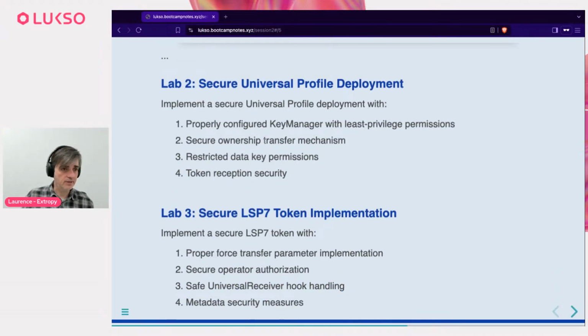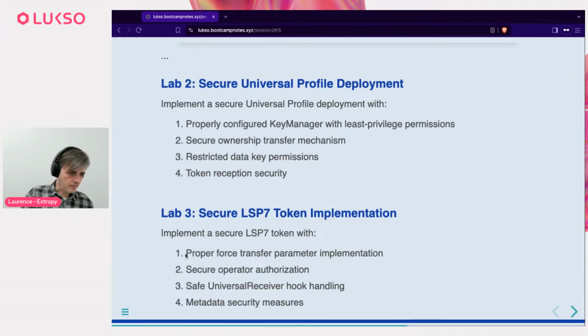So I don't think I need to explain much more about them. These are things we've been talking about. We talked about this very much in the last session, and in this current session we've been talking about it too. In the last session we talked about ownership transfer and the key permissions, and then in this session about receiving tokens and how that can be done securely, and then more here about token implementation. About token security here for fungible tokens, so the LSP7.